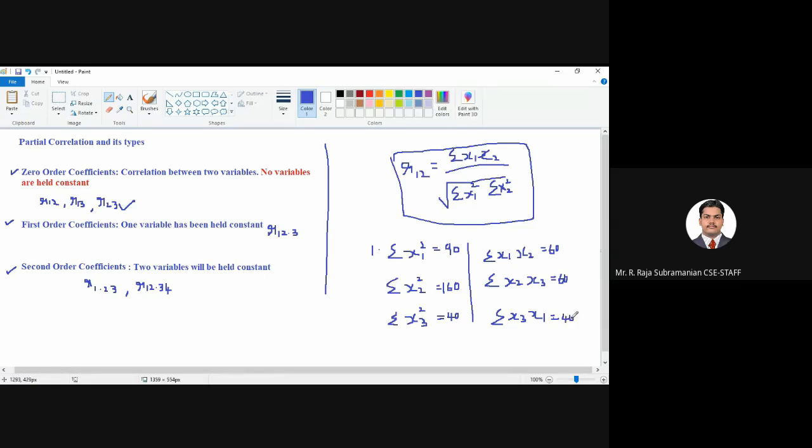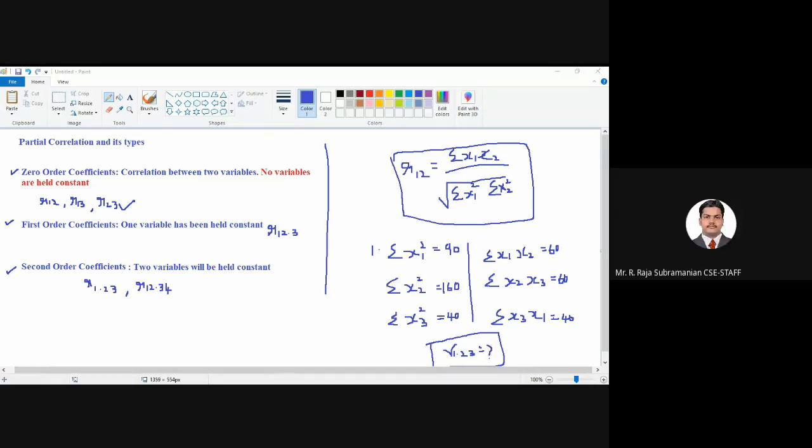the multiple correlation coefficient R1 given 2 and 3, R1.23. What will be the procedure? Can anyone say? If this needs to be identified, what will be the procedure? You need to find R12, R23, and R13.